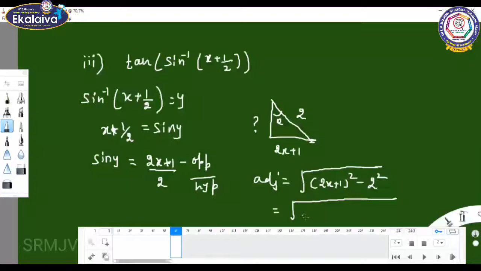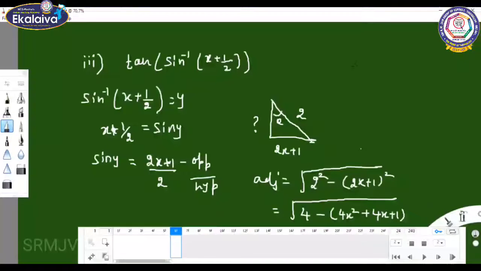Root of hypotenuse square minus opposite square. So 4 minus 4x square plus 4x plus 1.